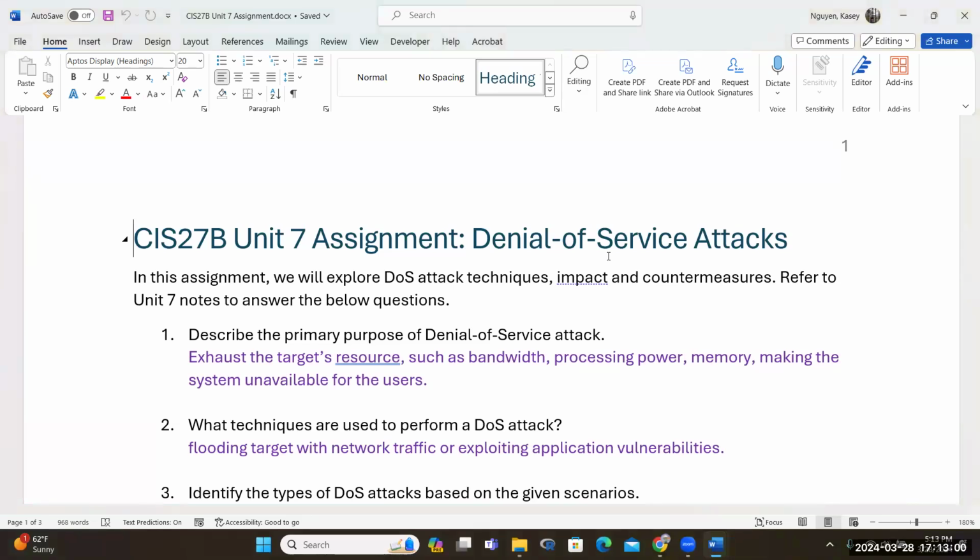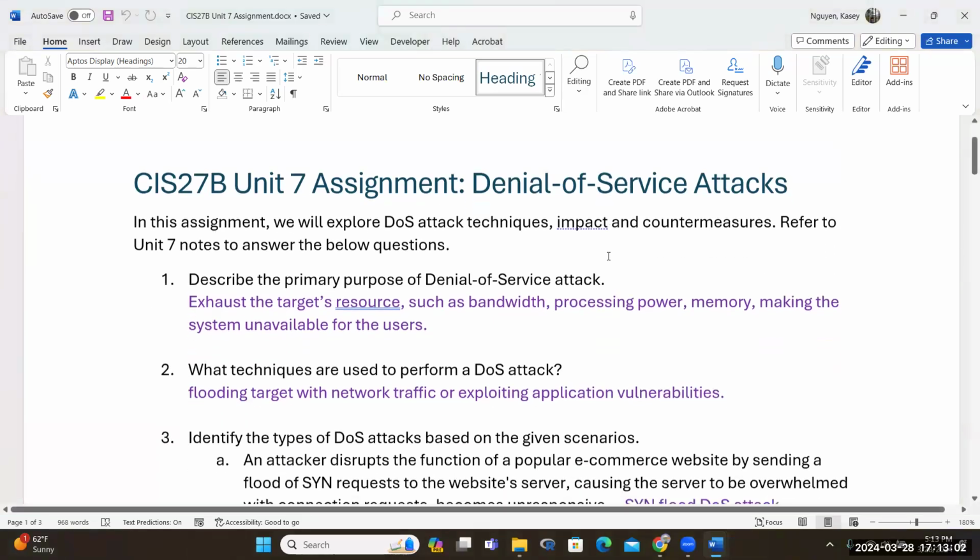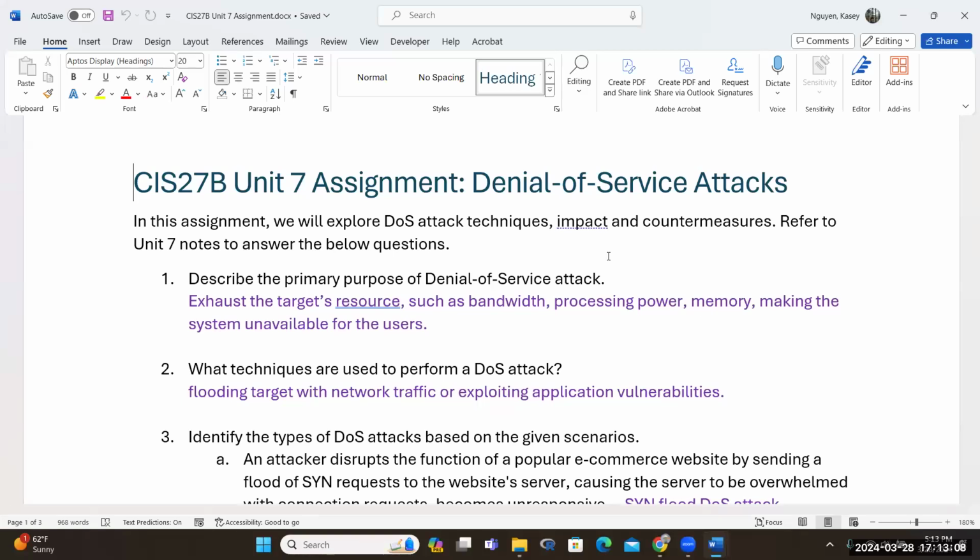Some of the techniques, and you can find this in our notes, that would be used to perform denial of service tend to be flooding. So I can flood a system by continuously sending a specific set of requests.